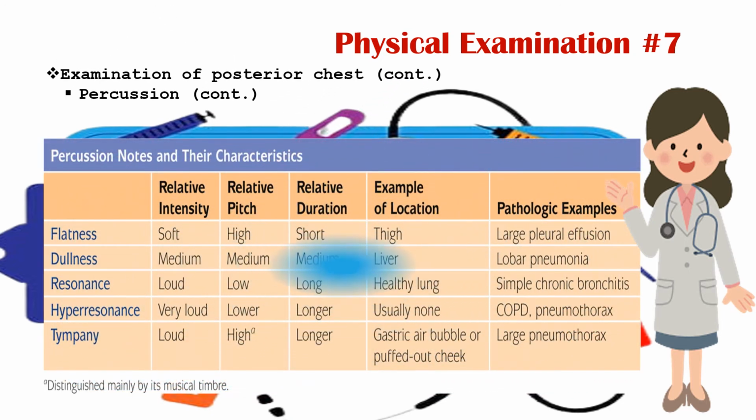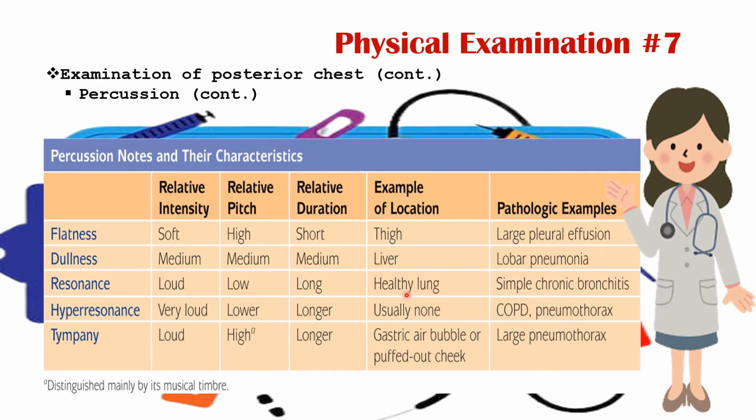So these are the findings, okay, percussion notes and their characteristics. So that is for you to differentiate kung ano yung sound, okay: the relative intensity, relative pitch, relative duration, and example of location. For example, no, if you are percussing the lungs, okay?